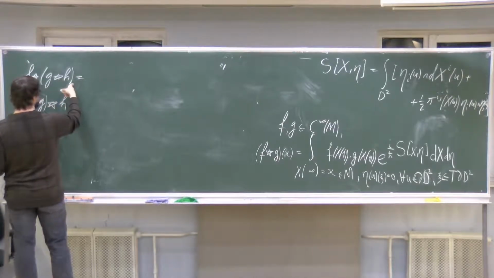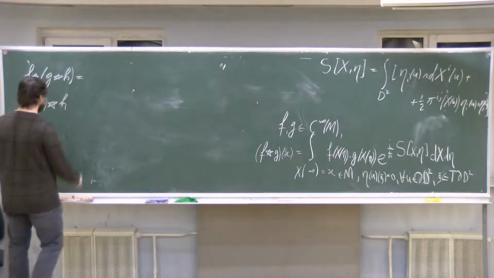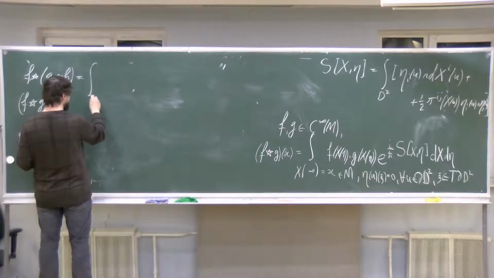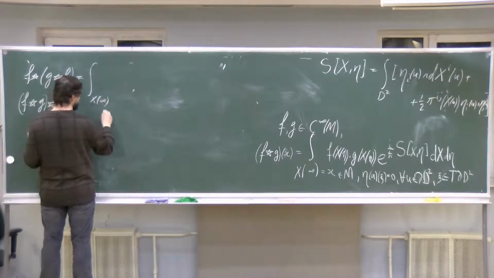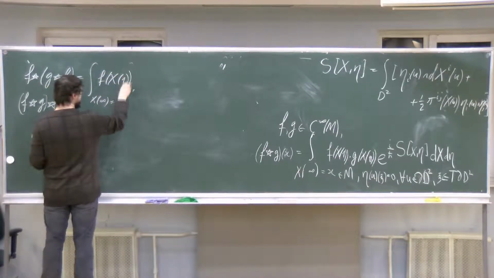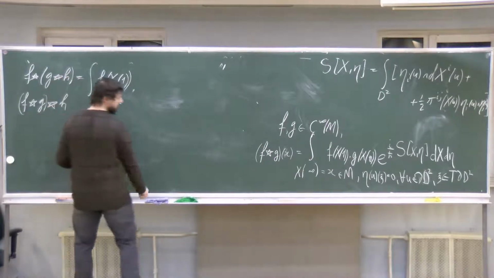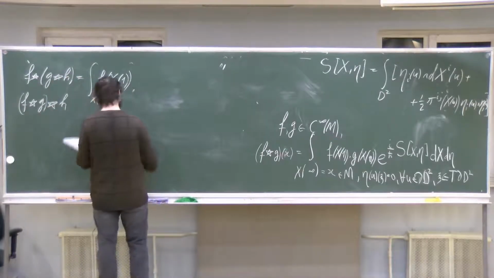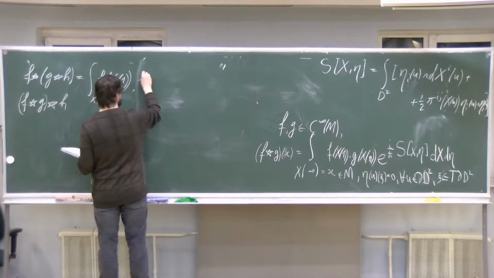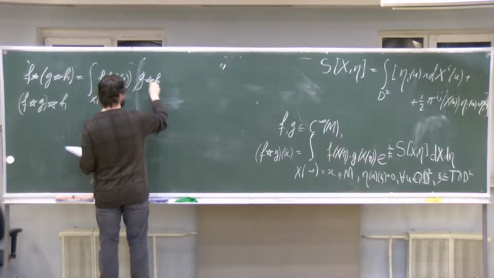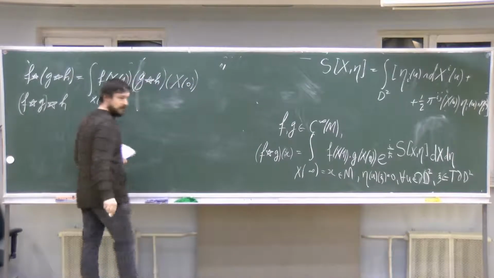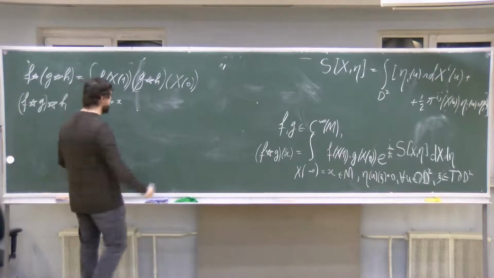On the other hand, this first term is equal to the double integral. So first we integrate over all x which send infinity to x, f of x at 1, right? And then we multiply by the value of, say, g star h at the point x of 0, right? And what is this?